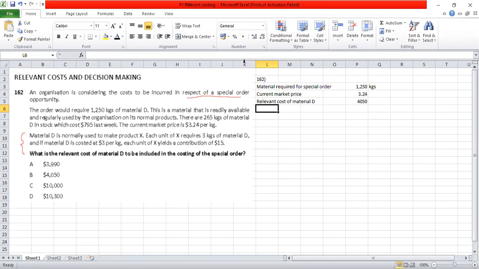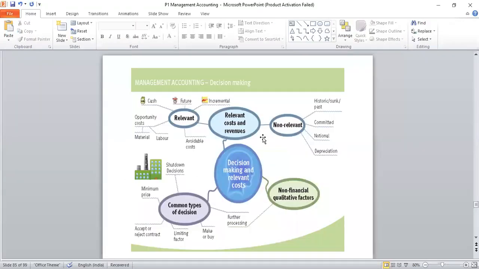One second. Let me put you through the PPT. If a decision has to be taken about purchasing the material at the current rate versus the historical, they already purchased. Now what decision will they take?